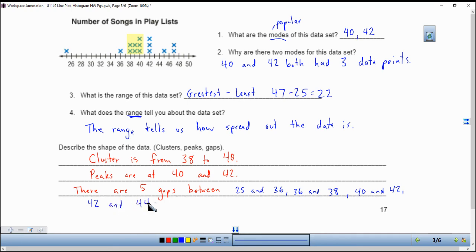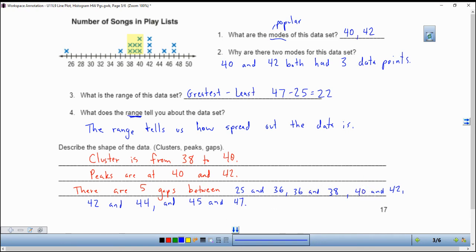And there's one more. 44, 45, and 47. I'll put a comma. It's called an Oxford comma, by the way. 45 and 47. So there were so many gaps, and those were all the gaps.